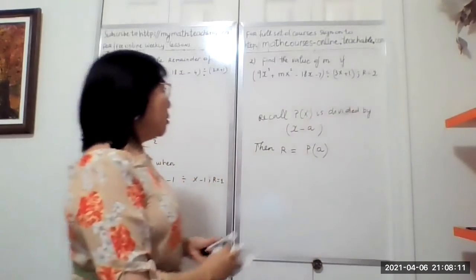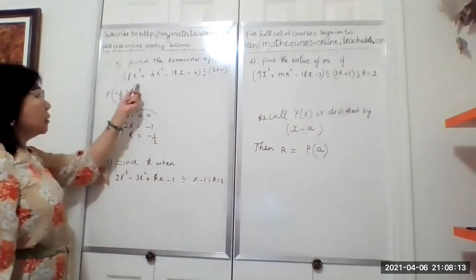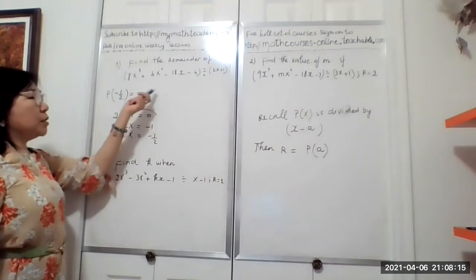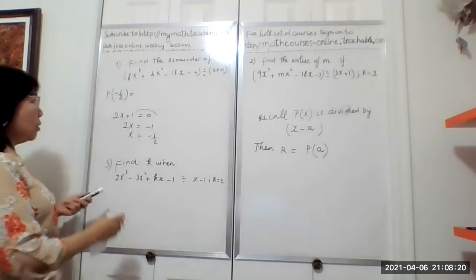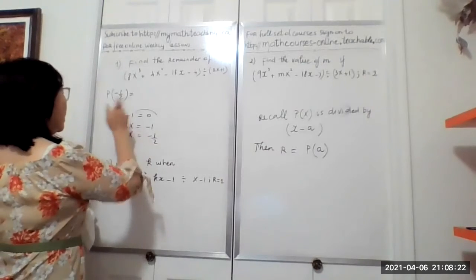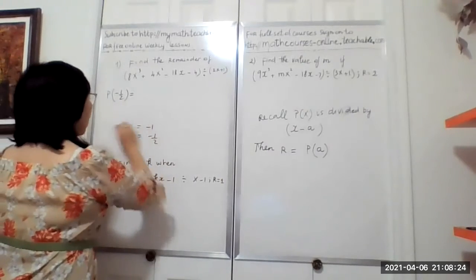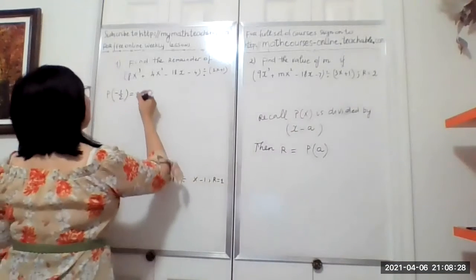The usefulness of this theorem is that to find the remainder, we don't even have to divide, because if we substitute this in here, that will be the remainder. So let's do that.